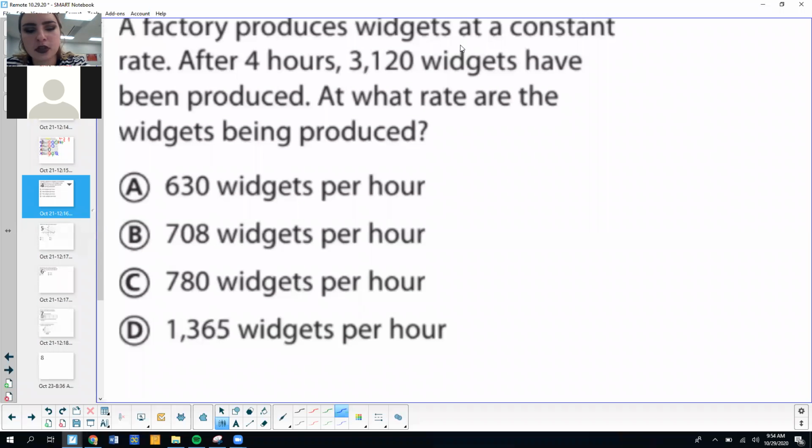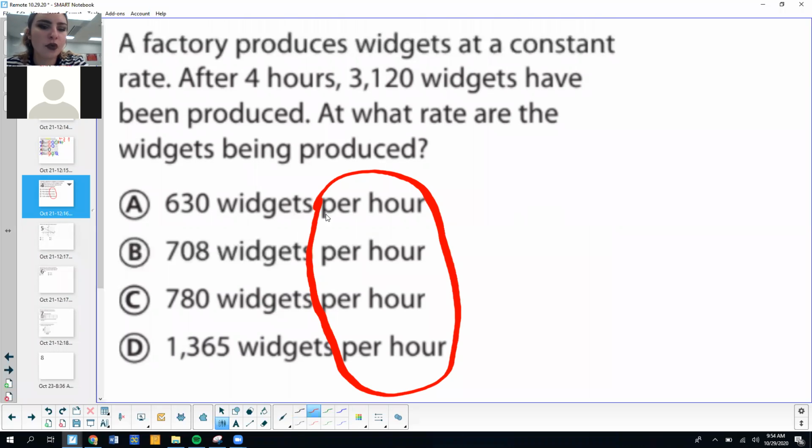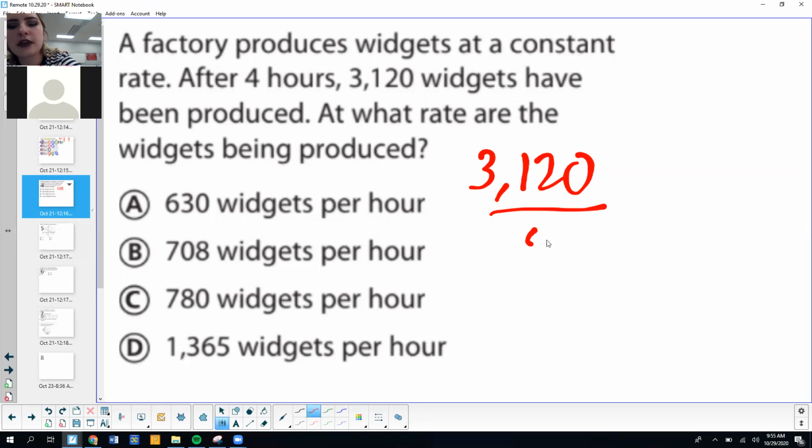So if you notice down here, all of these answers say per hour. So they want us to find a unit rate. Anytime you see that word per 1, or per 1 hour, per 1 something, they're trying to figure out the unit rate. So we can take the total amount of widgets, 3,120, and divide it by 4.